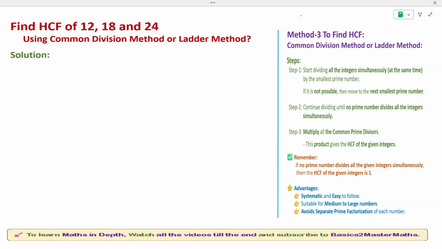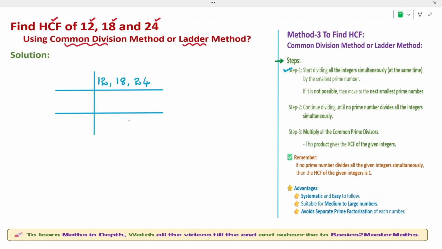Today, we will see how to find HCF of 12, 18 and 24 using common division method or ladder method. Please follow the below steps to solve the problem. Step 1.